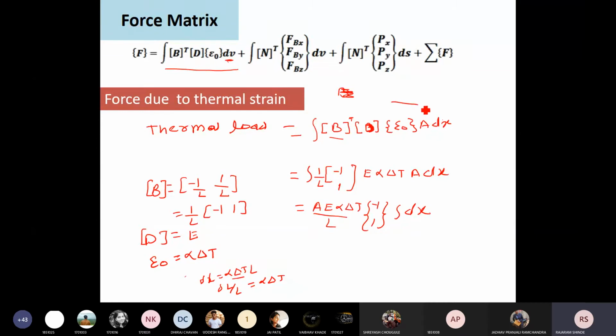If we take a one dimensional element, its integration is from xi to xj. These are the nodes.